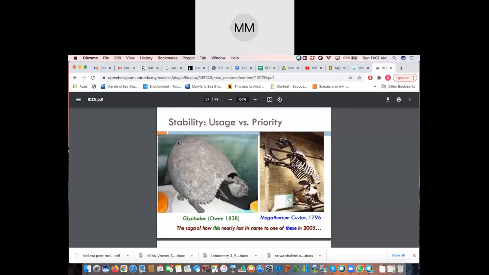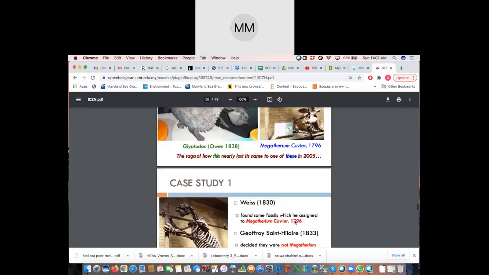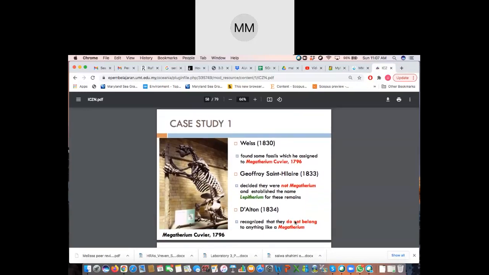Okay, so let's give an example here of usage versus priority. We have the case of Glyptodon by Owen in 1838 and Megatherium of Cuvier 1796. So the saga of how one of these nearly lost its name was in 2005. Okay, so buckle up and hear me out.